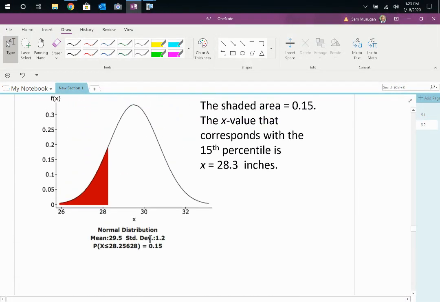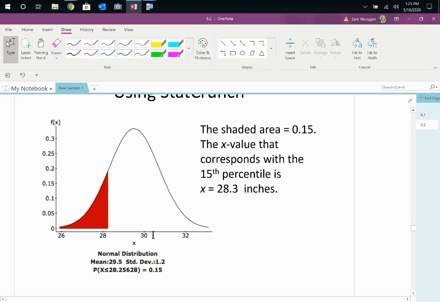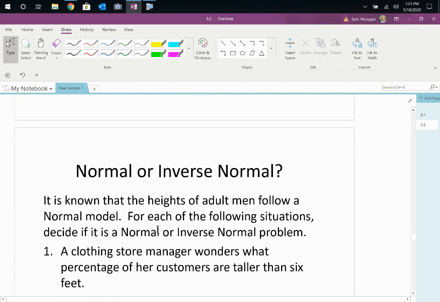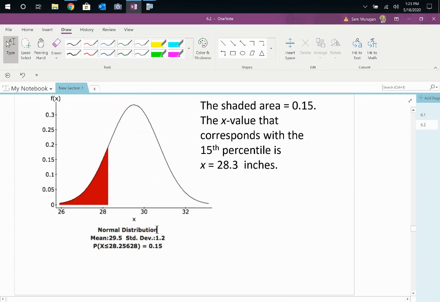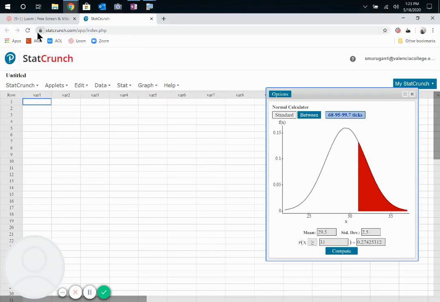Now, I wanted to just show you how you would work backwards on that. Here we go. We can open the calculator, sorry, the StatCrunch program. 29.5, 2.5.